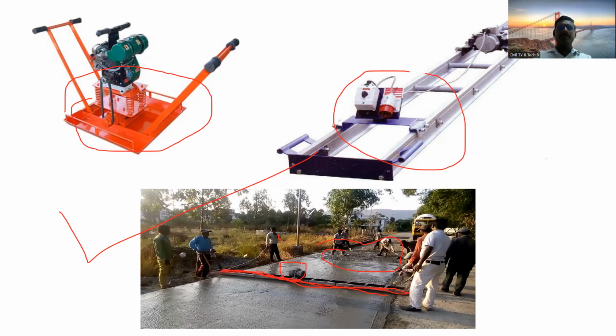So in this way, the surface vibrator we can use for the compaction of concrete over a large area, for a slab, for a concrete road, or for any other place where the area of concrete is large, so that we can compact the concrete.